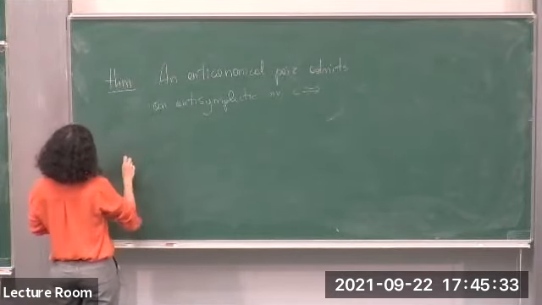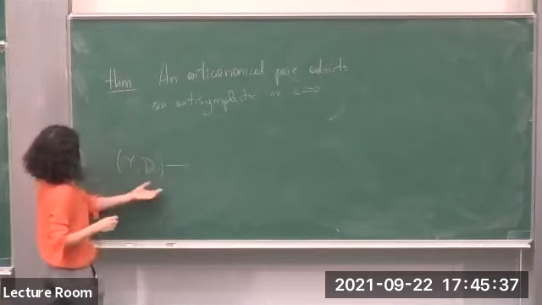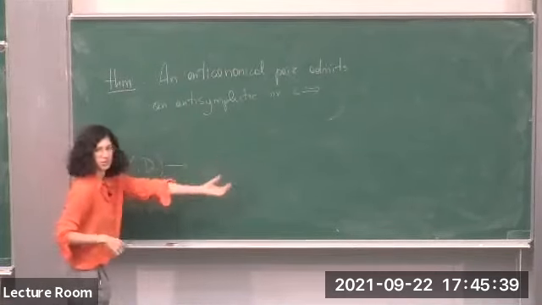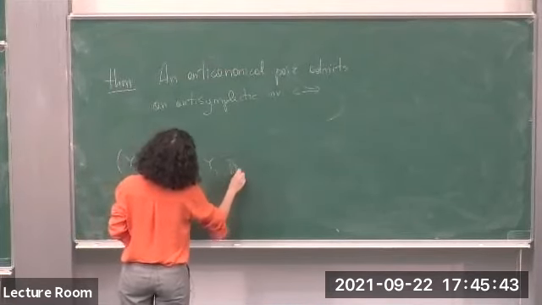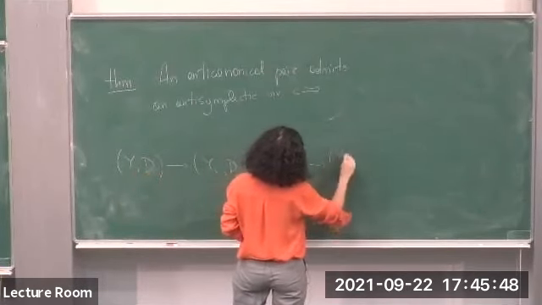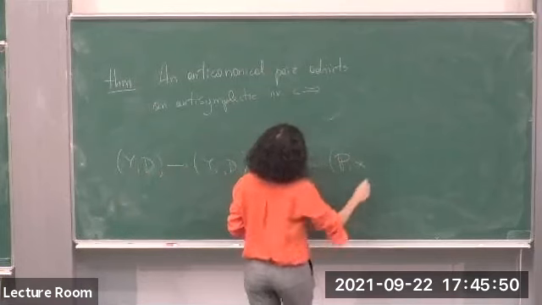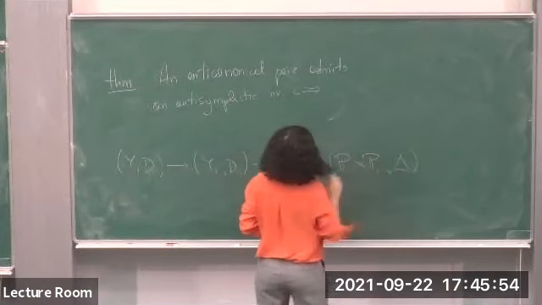Okay, so maybe you start with Y D and you start contracting pairs of -1 curves until you get to P1 cross P1 with its toric boundary.